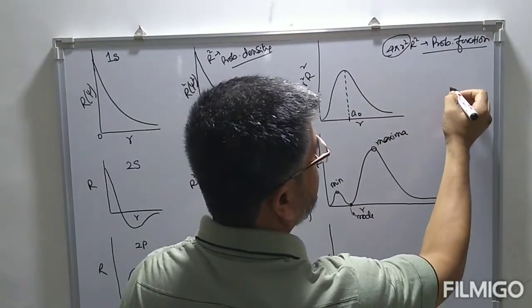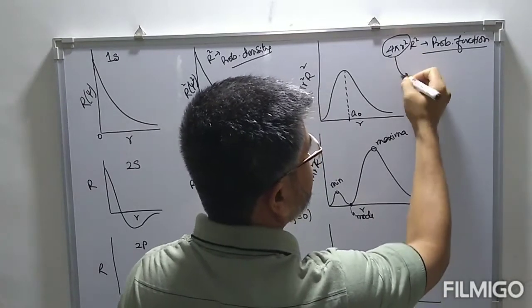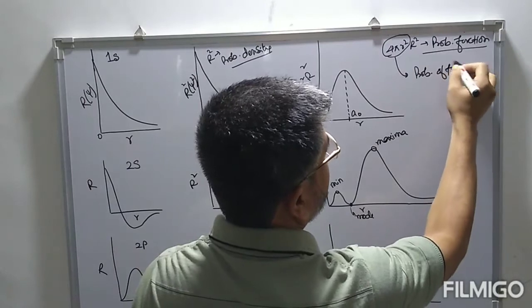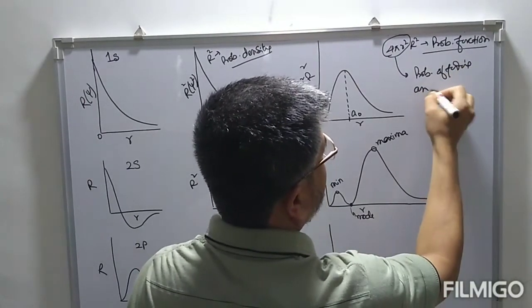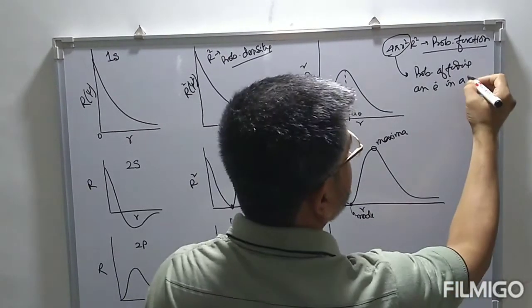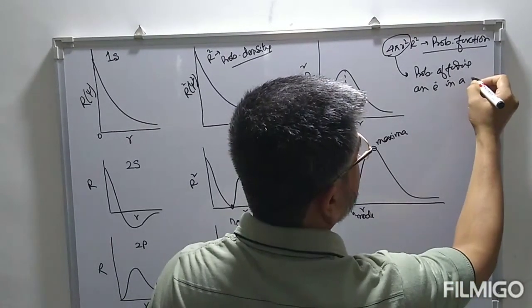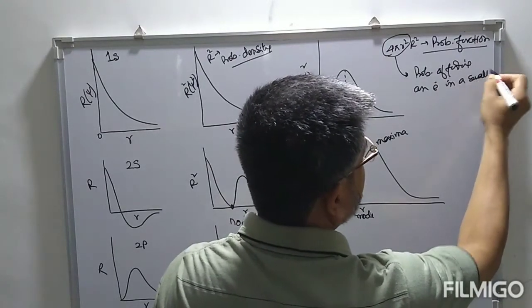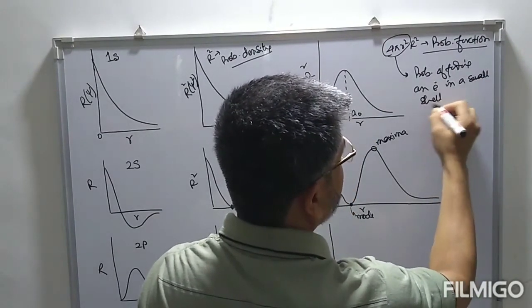So look at this, this is the probability of finding an electron in a small shell.